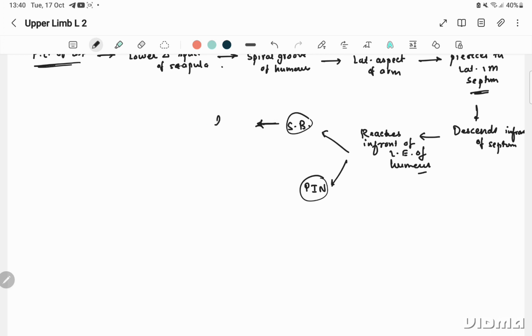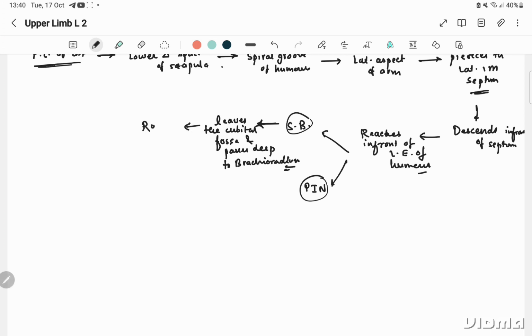Okay, it leaves the cubital fossa and passes deep to brachioradialis. When I taught brachioradialis today, I said that deep to brachioradialis, the superficial branch of the radial nerve and the radial artery are present.